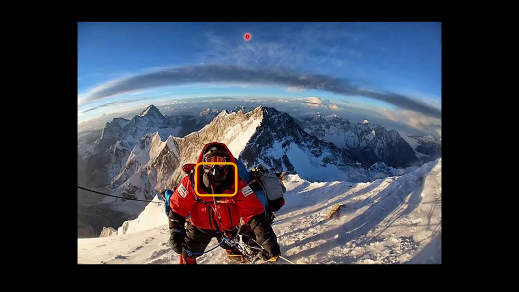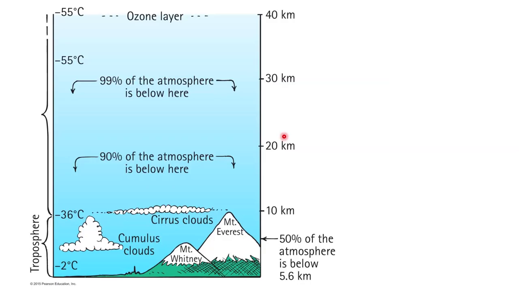So if the atmosphere still goes up for many dozens of miles above this point, why do they need oxygen tanks to breathe? Well, the answer comes into the way the atmosphere is stacked if you go up vertically, or what we call altitude.